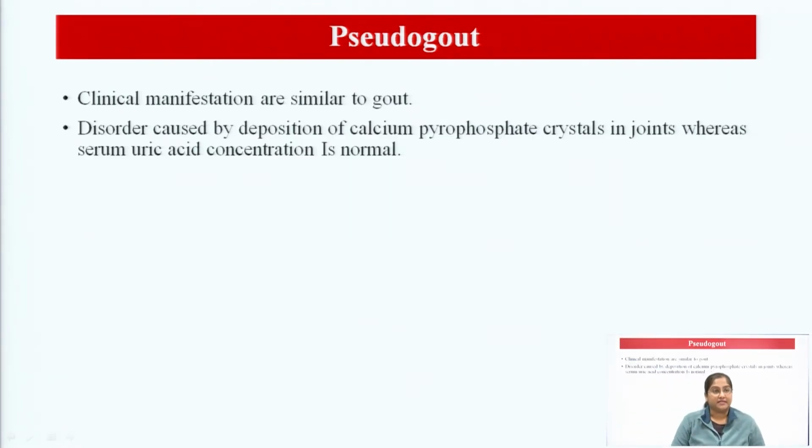Pseudogout is one more thing. Pseudogout is a condition kind of like gout, but in gout there is a deposition of uric acid, sodium urate crystals, whereas in pseudogout there is a deposition of calcium pyrophosphate. I told you in the previous slide, when we were discussing sodium urate crystals, that there is a deposition of oxalate calcium crystals.